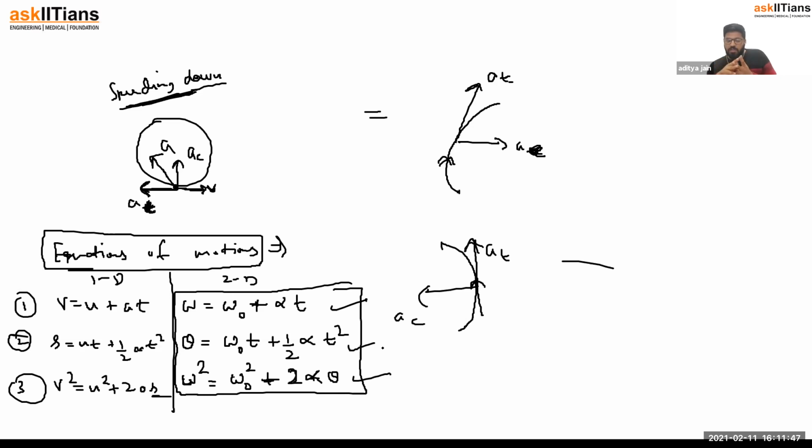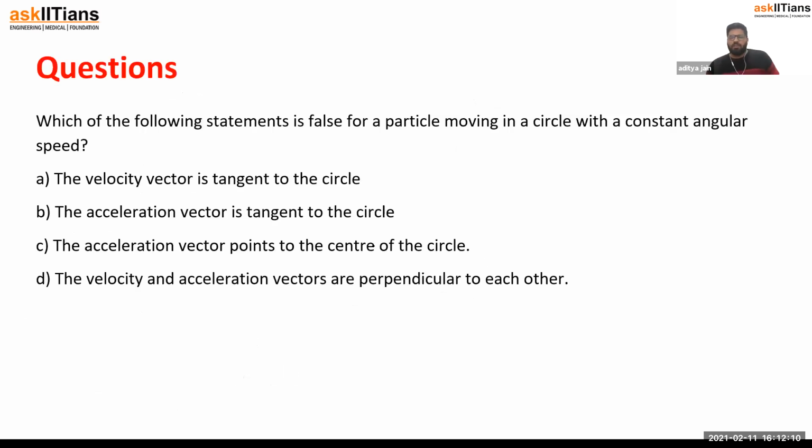Speed means magnitude only, so for changing the magnitude of velocity, tangential acceleration is responsible. For changing the direction, centripetal acceleration is responsible. And in a uniform circular motion, tangential acceleration is zero because the speed is constant, or I can say the magnitude of velocity is constant.